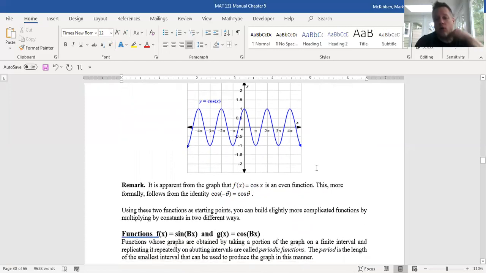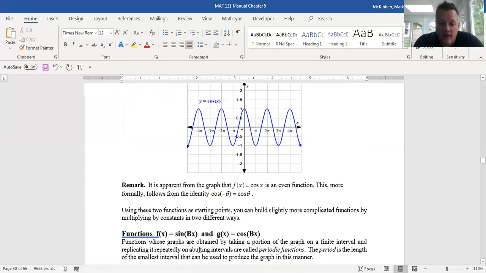Okay, so now what happens if I take a sine or a cosine of a constant multiple of x? Right, so we looked at that in terms of solving equations where we equated these guys to particular values. Now we want to see what impact multiplying x by a constant has on the graph, right?